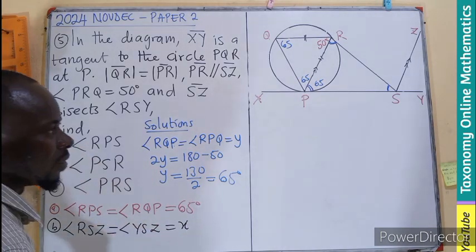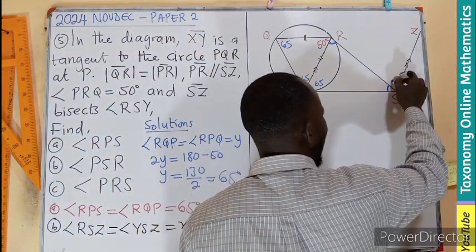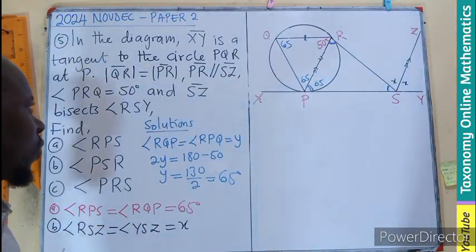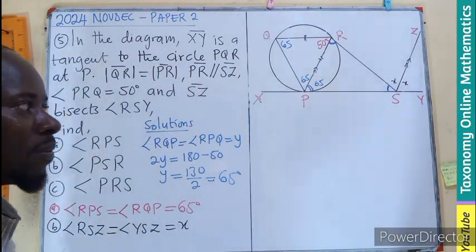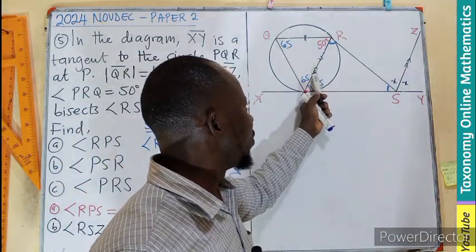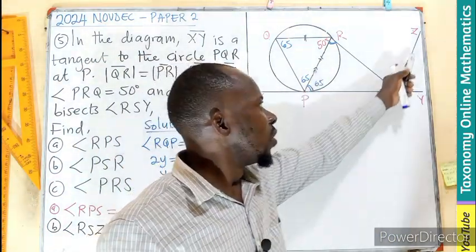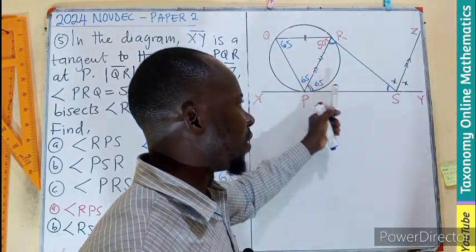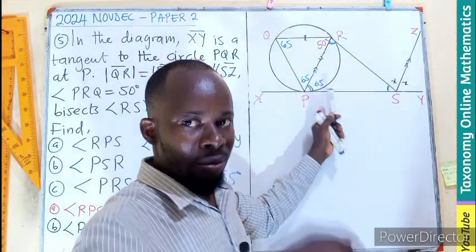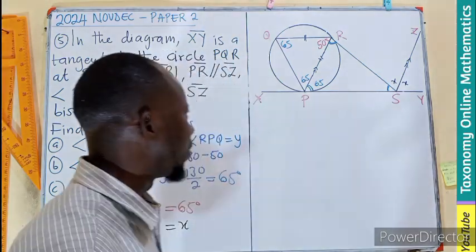Let me use X, meaning this angle will be X, this angle will be X. They are going to be the same because of the bisection of that angle. Now, if that is the case, I know that this line is parallel to this. So the angle here will be corresponding to the angle there. Both are on the below side of the transversal.